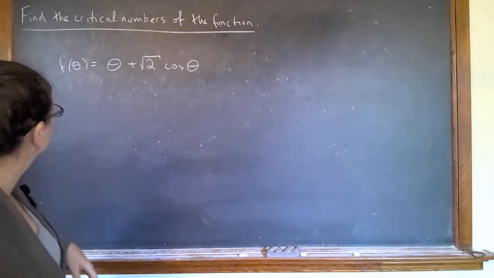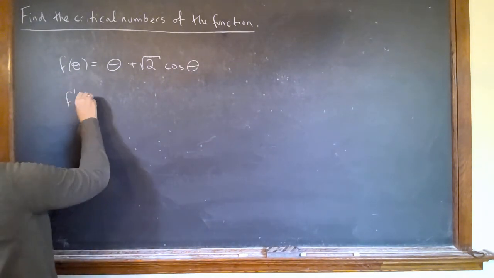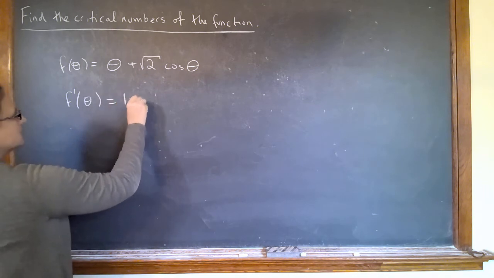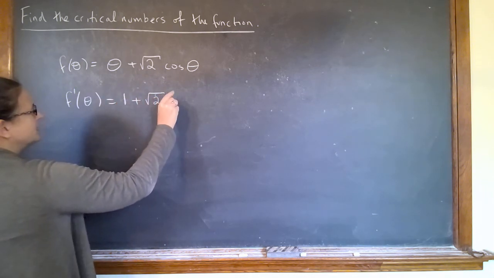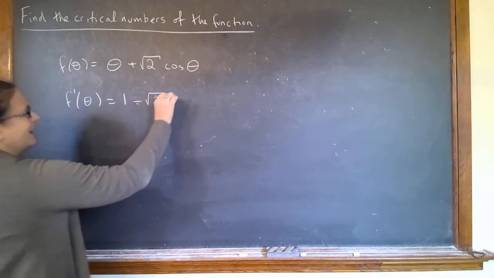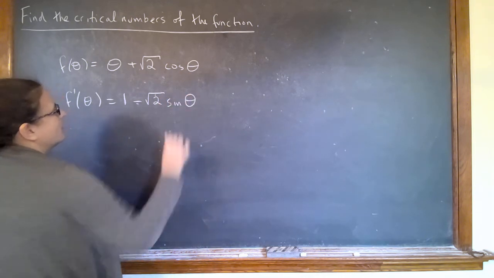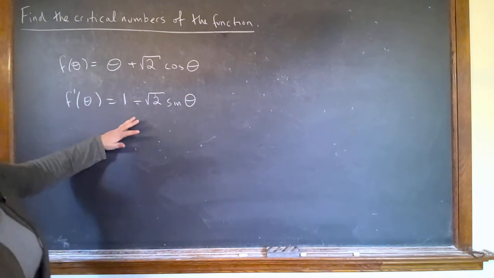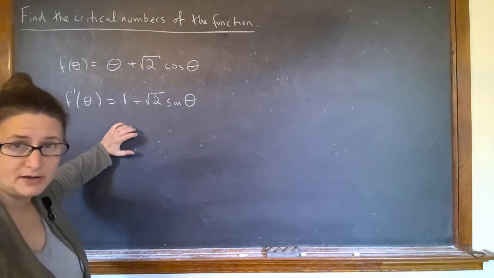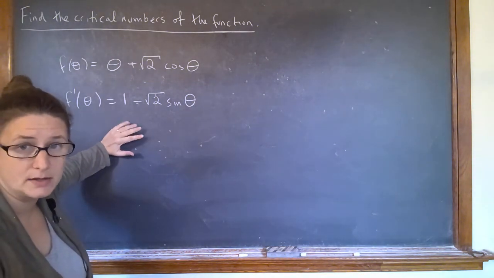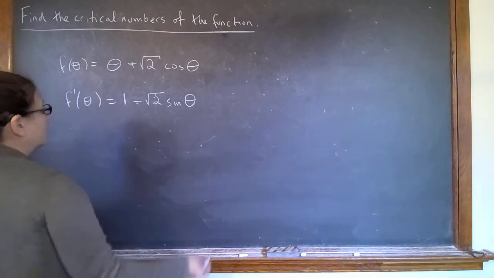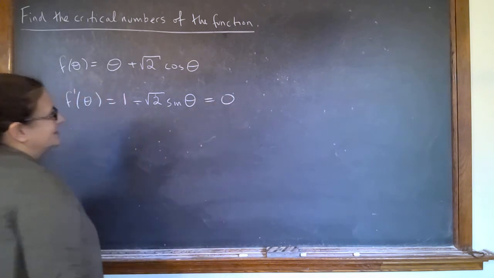Right, I'm going to take the derivative. I'm going to get 1 plus root 2, the derivative of cosine is negative sine, so I have to be careful there. Okay, so this is defined everywhere, so I don't have any critical points that come from the derivative not existing, but I do have my critical points that come from where this is 0.